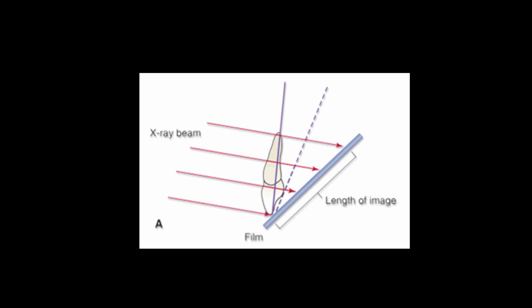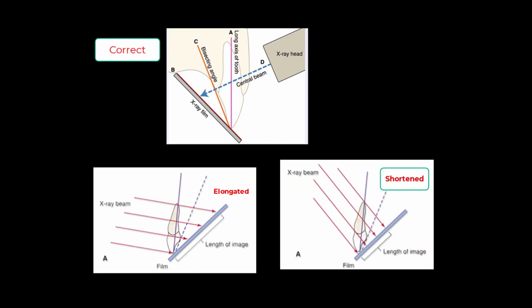Now if conversely the red lines hit that dotted line at an obtuse angle, i.e. greater than 90, then you will have a lengthening of the image. But notice it is hitting the imaginary line, not the long axis of the tooth and not the film. That's the key thing. It is important to understand that when you hit that bisecting angle that you've created in your head at right angles, your image will be true.